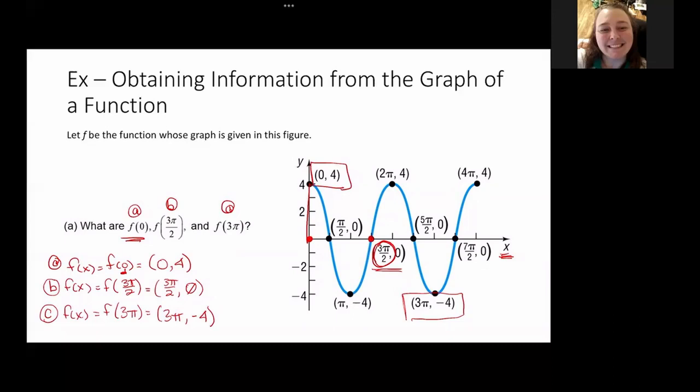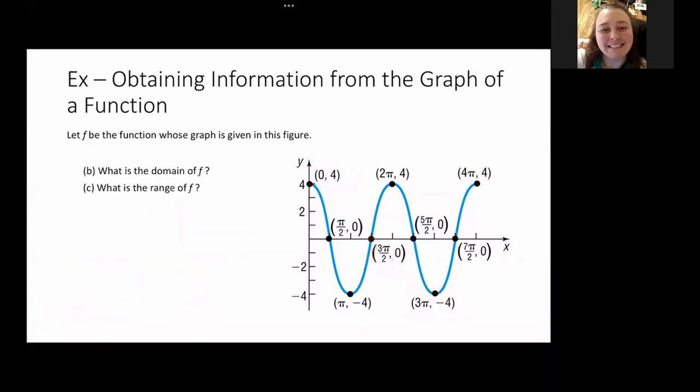With this graph especially, they gave us a bunch of the points at the maxes and mins, so we were able to read directly off the graph what those values are. Next, let's look at the domain and the range of this function. If we remember, x is the domain and y is the range.